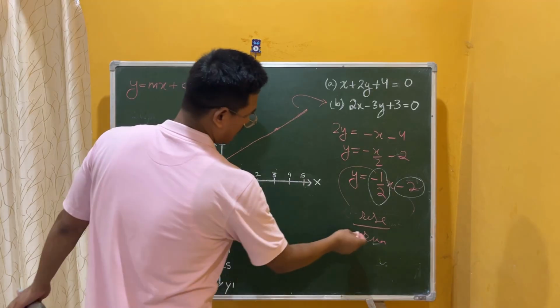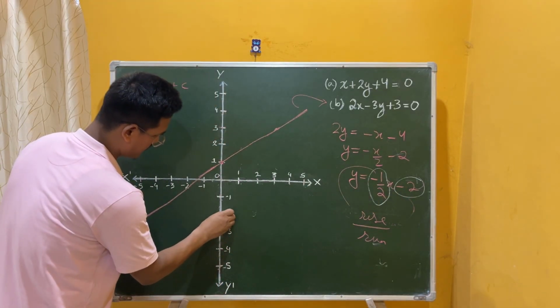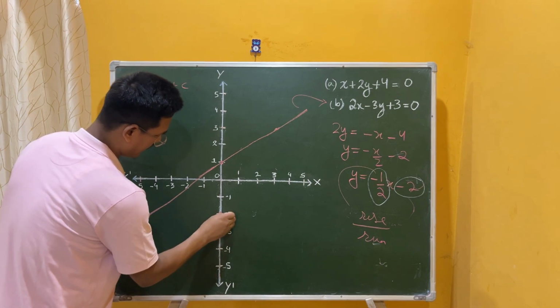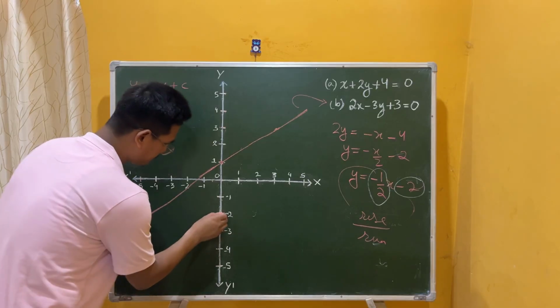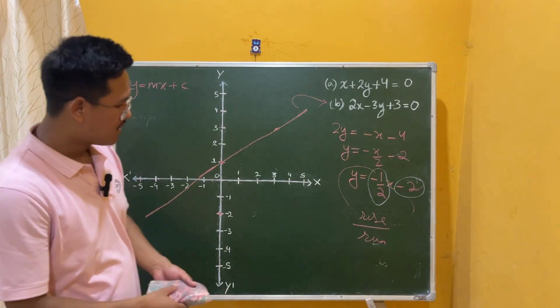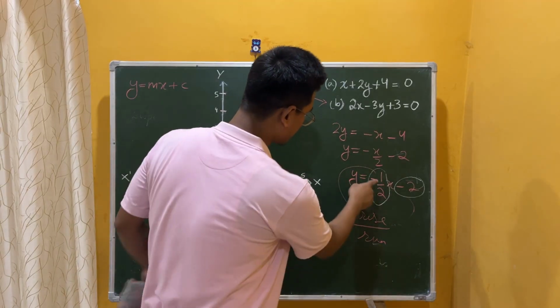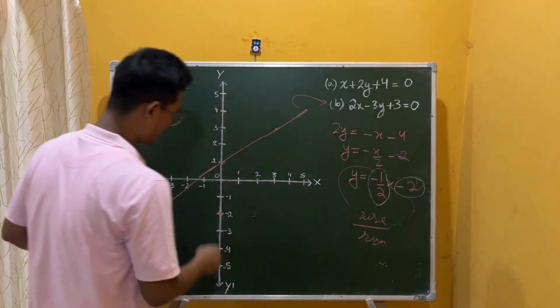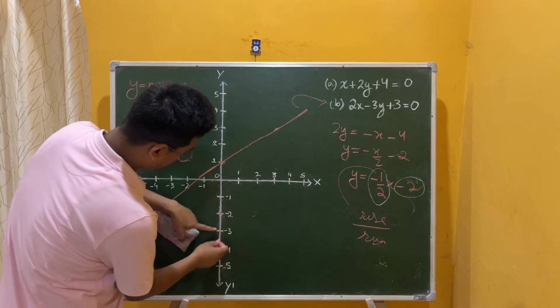So you plotted this minus 2, the point on the y-axis. You got one point. Next one. So it's rise, minus 1 rise. Since it is negative, it won't rise, it will fall. So it will fall 1 unit down.